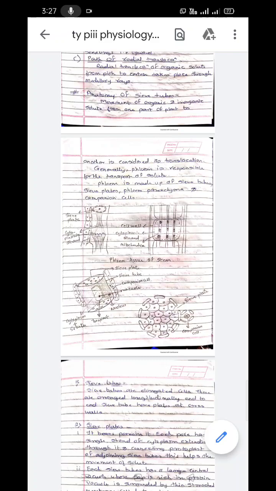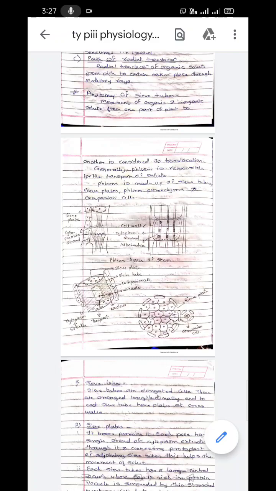We studied the phloem structure. The phloem is made up of sieve tubes, sieve plates, phloem parenchyma and companion cells. You have to see the figures. In them the sieve plates are present, and in between the sieve plates there are cytoplasmic strands.